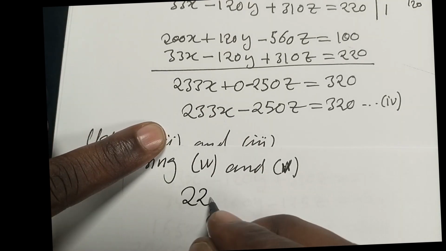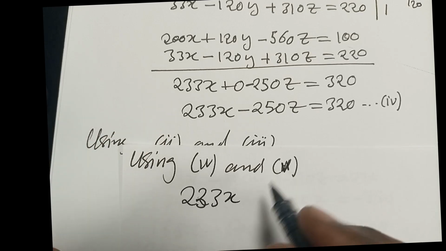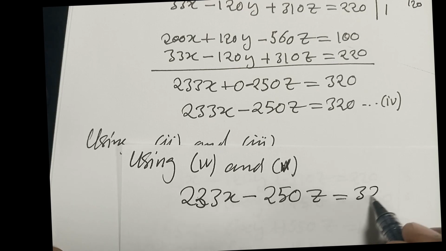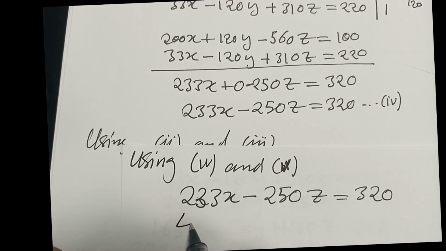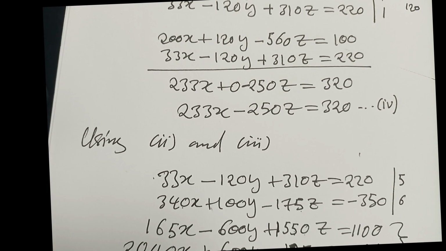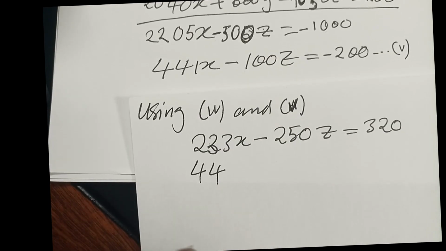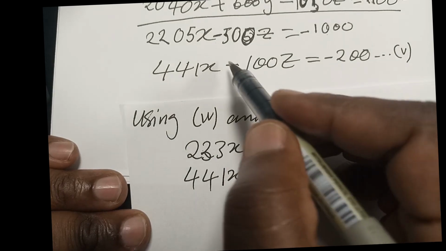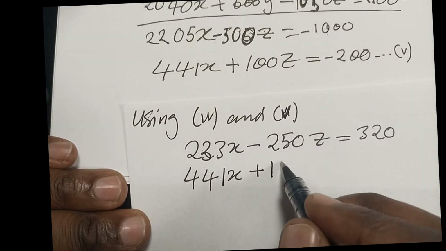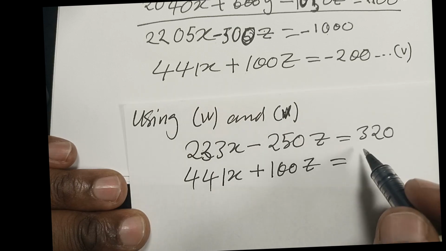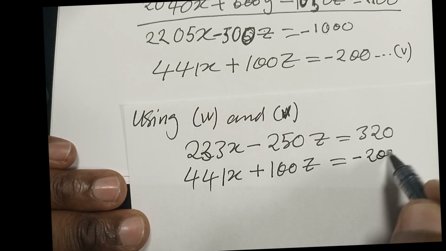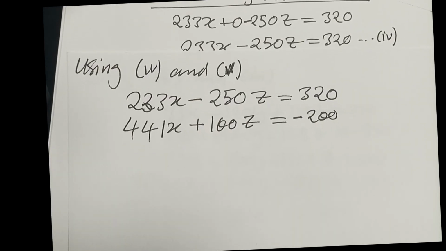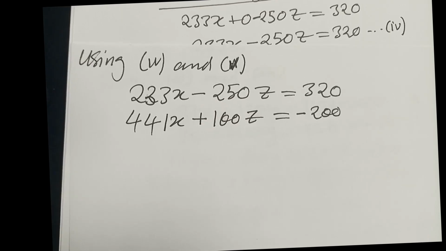We have 3x minus 250z equal to 320, and 441x plus 100z will be equal to negative 200, and then we are going to solve this simultaneously, because now we are remaining with only two variables.